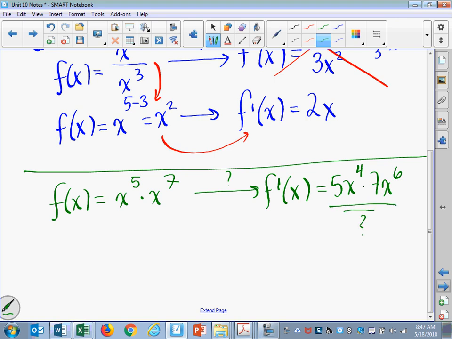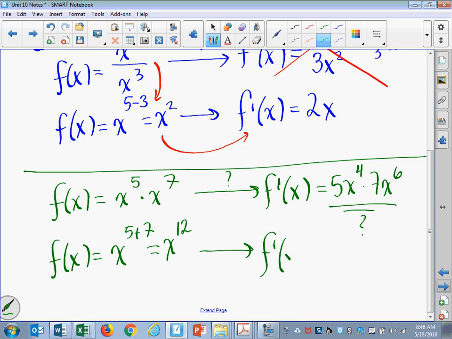So first, let's simplify the function. You add the powers, so x to the 5 plus 7 is x to the 12th. Now if we take the derivative, this is going to be 12x to the 11th. So which one's the right derivative? This one is 35x to the 10th if you simplify, so this is not the correct derivative.